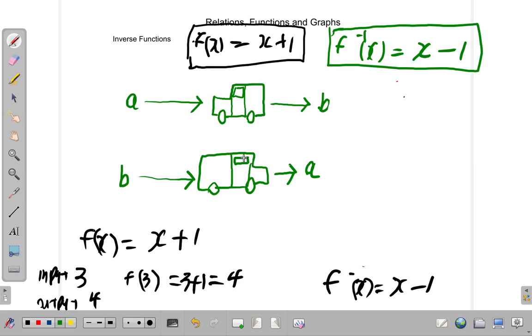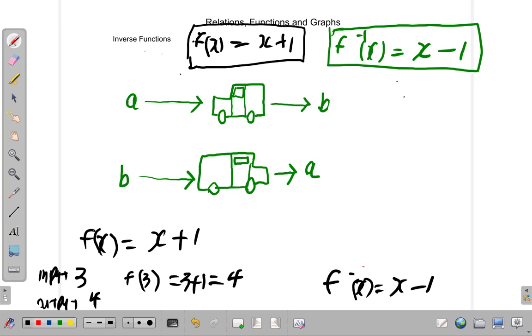At first, I had put in 3 and got out 4 from the function. So I had 3 going into my function and out came 4. Let me put this down here. I have to be fighting for space here.